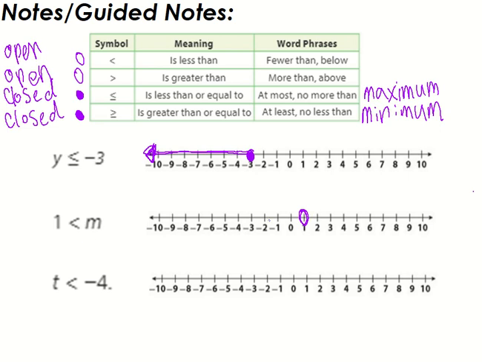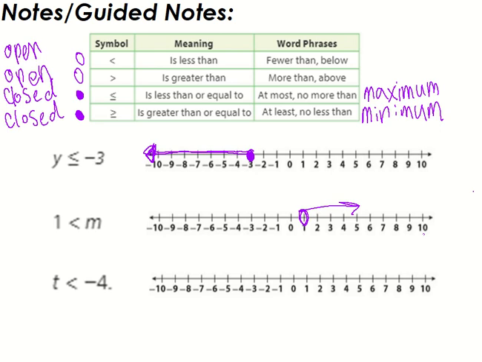But if I plug in 2, is 1 less than 2? Yes. And since 1 is less than 2, that's the direction I want to go with my arrow. And so you can see this time I just drew it above. I didn't even draw out the whole number line, but I did show that that line is going to continue going that way. And that's because all of these numbers would make it true. 1 less than 10? Yes.